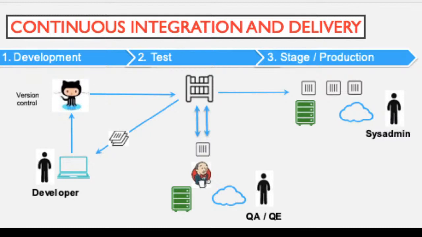Then you pass the developed code on to testing. In testing, we pass it on to the QA team, and then you go to what is called the production stage. The production stage also involves the sysadmin as well.